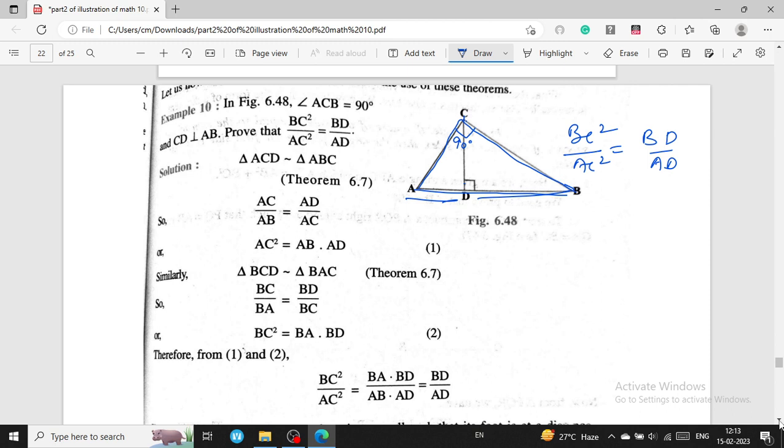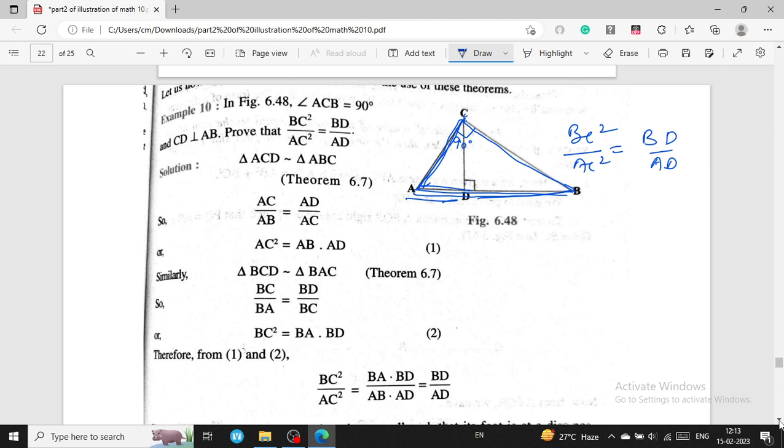For proving this, first of all, write triangle ACD similar to triangle ABC. AC over AB is equal to AD over AC.